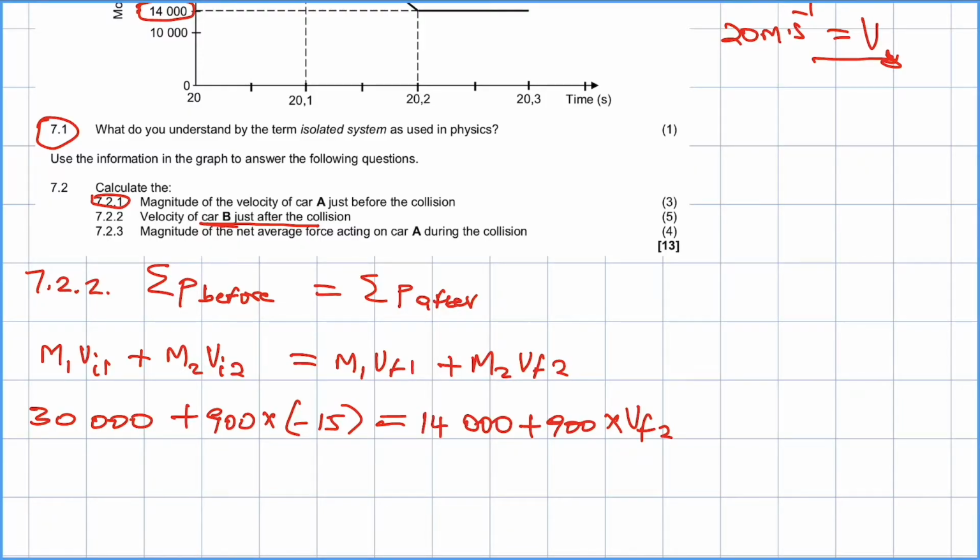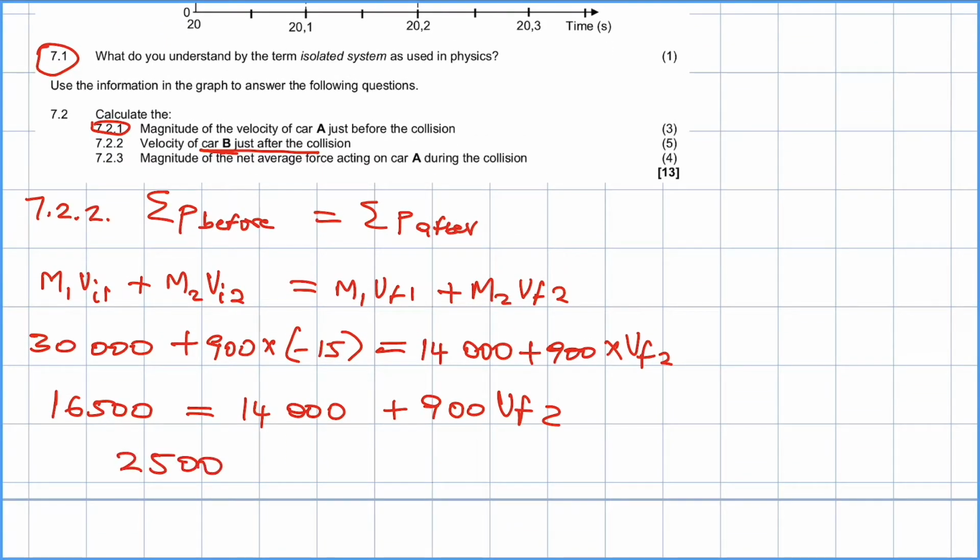We put that on the calculator. We'll have 30,000 plus 900 times negative 15, and that will be 16,500. So 16,500 is equal to 14,000 plus 900 vf2. So 16,500 minus 14,000 gives us 2,500, equal to 900 vf2.